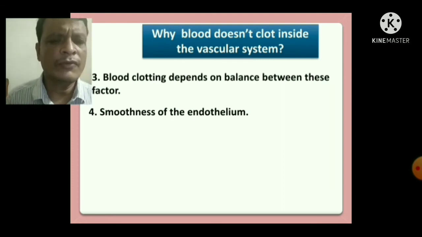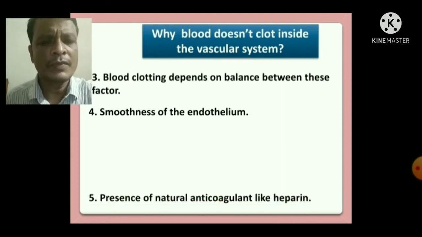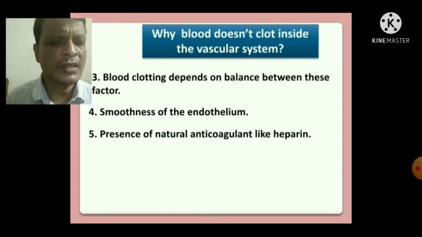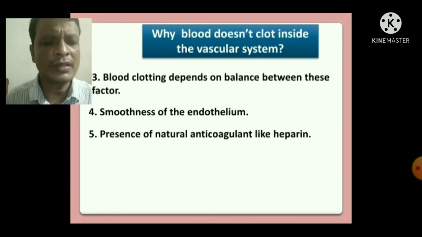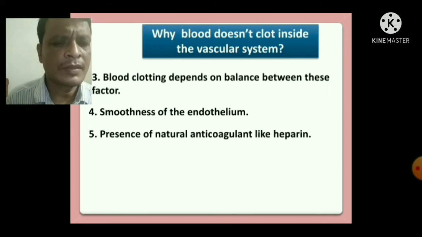Number four, the smoothness of the endothelium. And number five, presence of natural anticoagulants like heparin. As you know, heparin is a natural anticoagulant agent that is produced from the basophil cells.